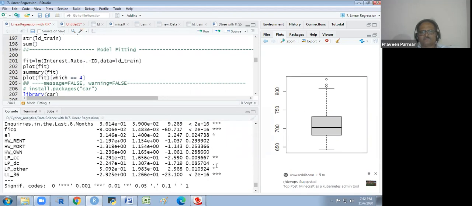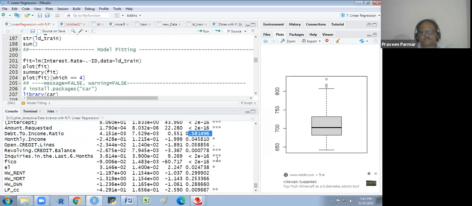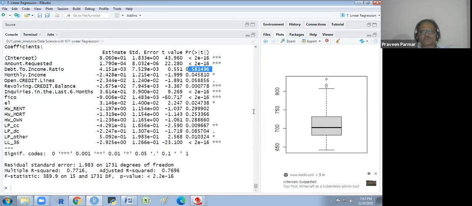And the highest is this one. If you look at this, yesterday we skipped some step. For the FICO, I think we skipped it yesterday. FICO, we have not considered yesterday, I think.